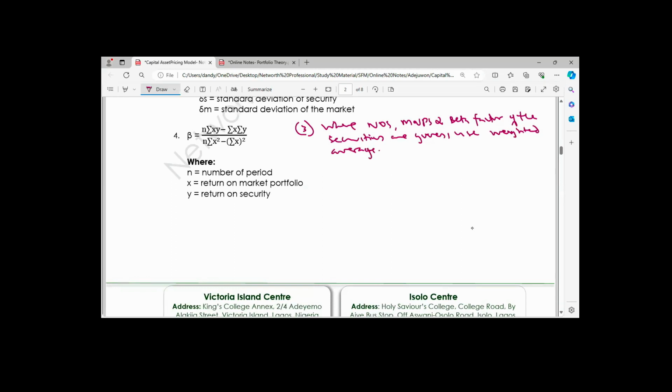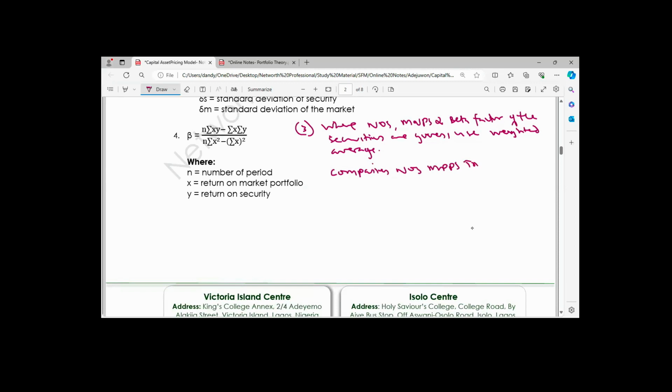Now, the weighted average will not be given to you in the question. You are the one that will determine it. So let me just give you the format. Using weighted average, you are going to create a column for companies. You create a column for number of shares, market price per share.